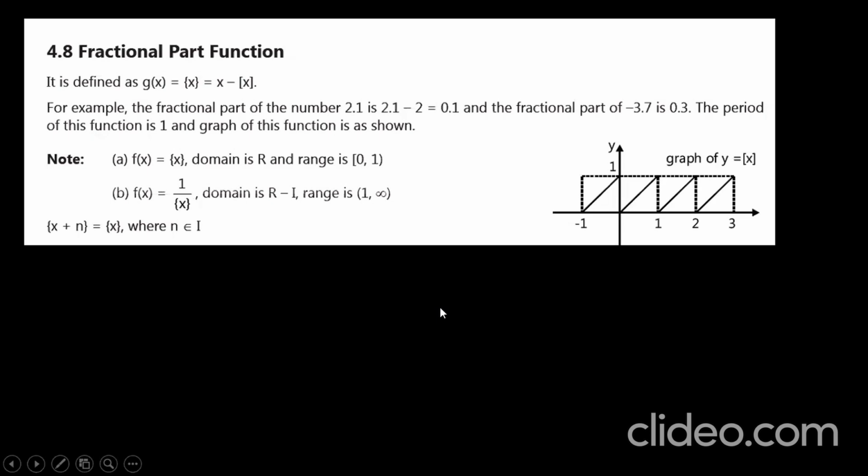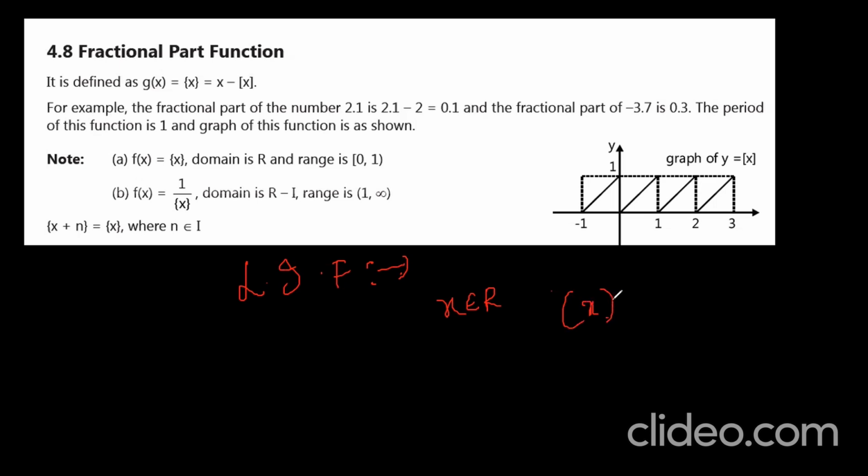Yes. Then the next one is the least integer function. What is meant by the least integer function? If x belongs to R, then the least integer greater than or equal to x can be denoted like this.